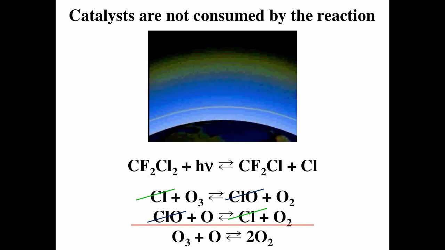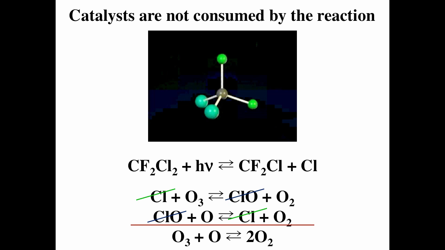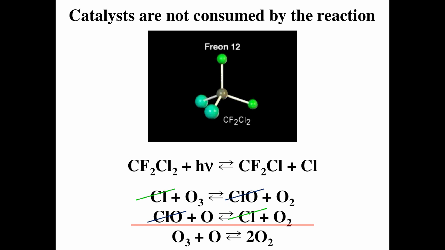The stratospheric ozone layer, so important to life on Earth, can be depleted by catalytic chemical processes. In recent years, man-made chemicals have contributed to the loss of stratospheric ozone. Among the most important of these are chlorofluorocarbons, or freons. For example, freon 12.